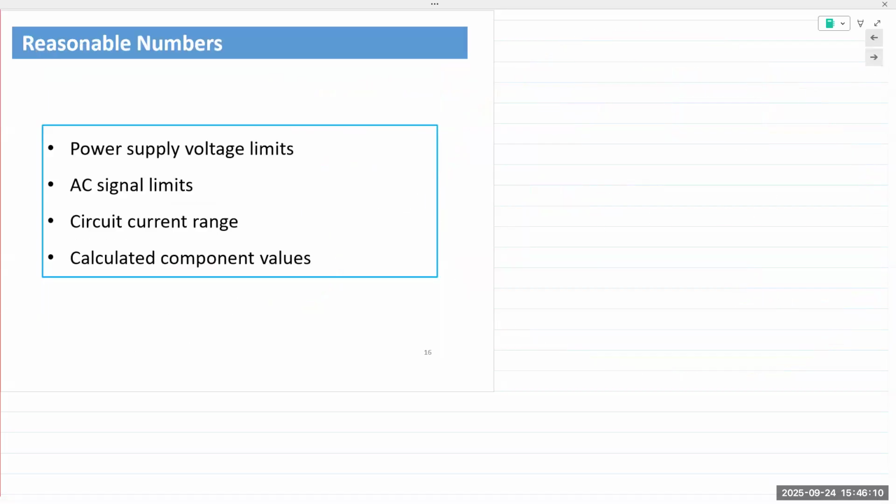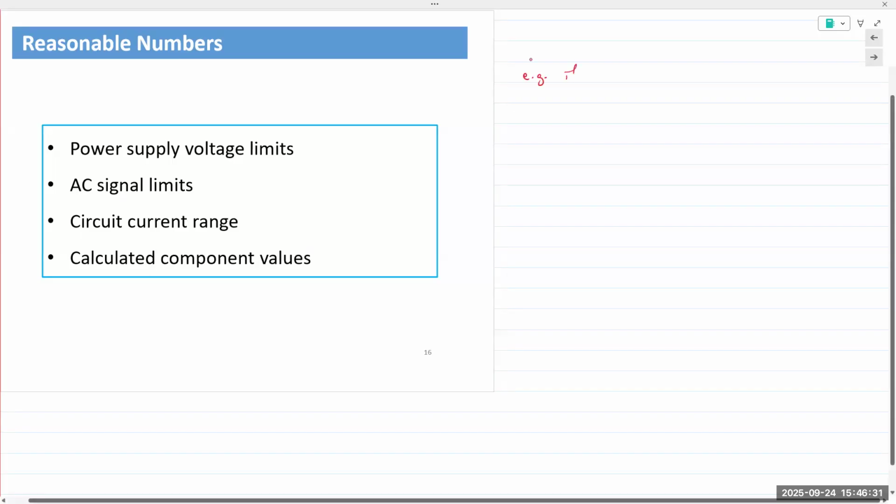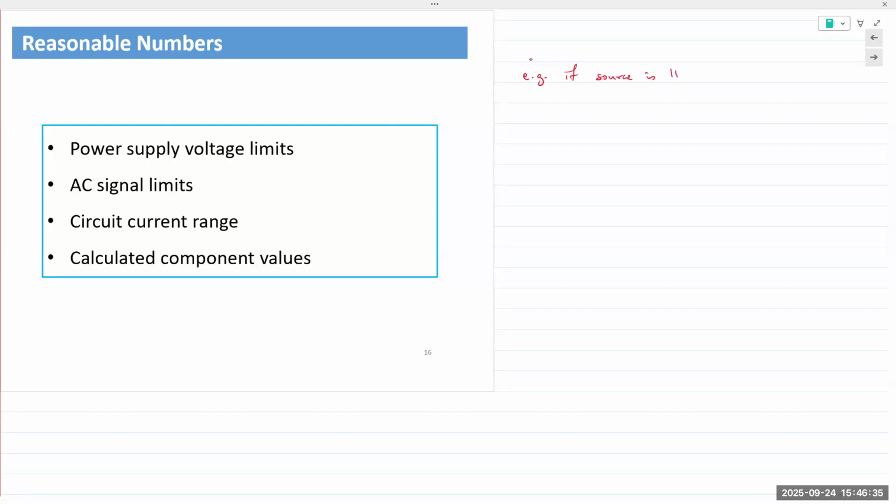All right, reasonable numbers. What are reasonable numbers? What do you think it means? If your source is 10 volts and you obtain a result of 15 volts anywhere in the circuit, that's not possible.